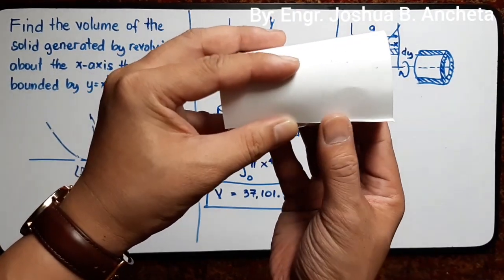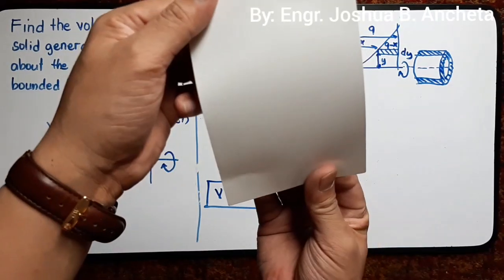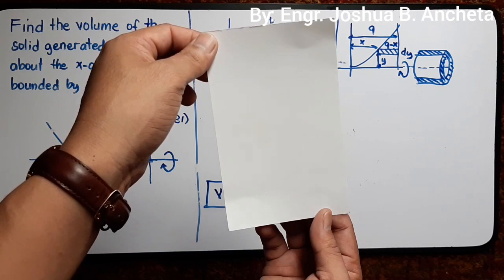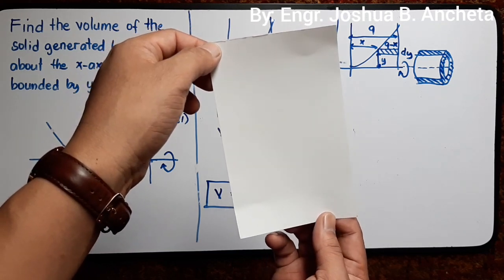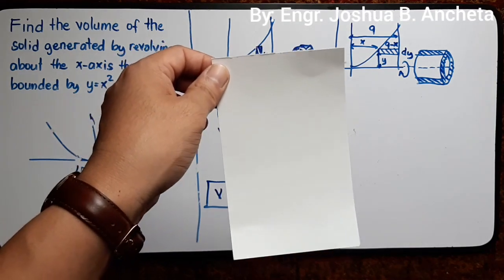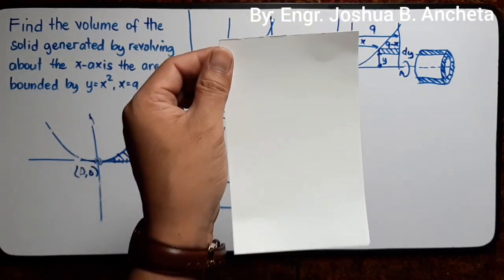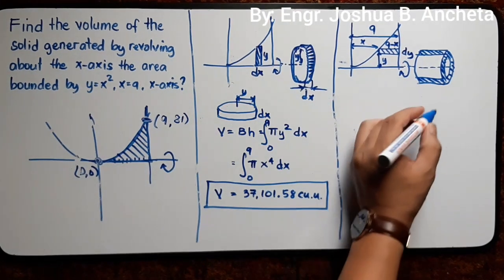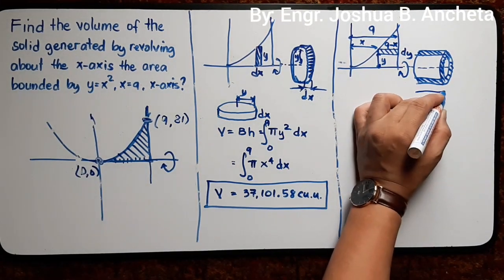Then we stretch or expand this, and it will give a rectangular shape, a parallelepiped solid. Let me draw the expanded drawing.